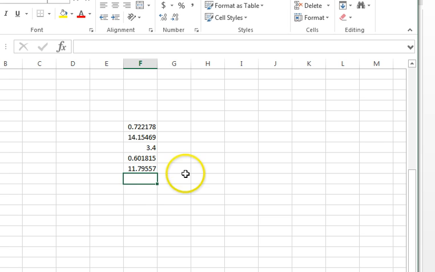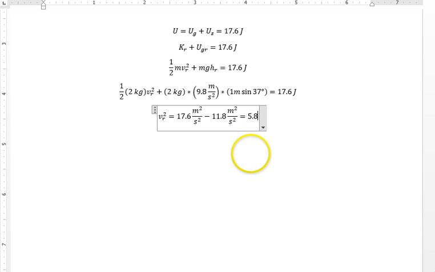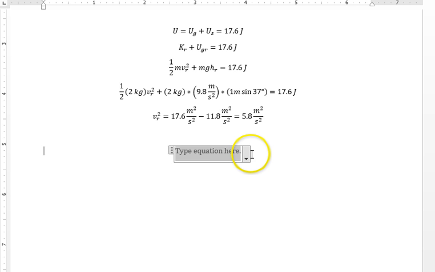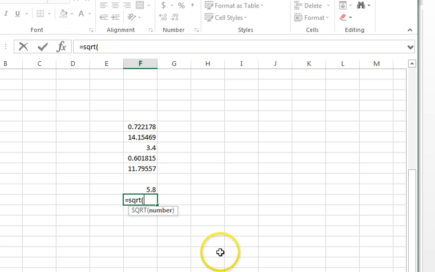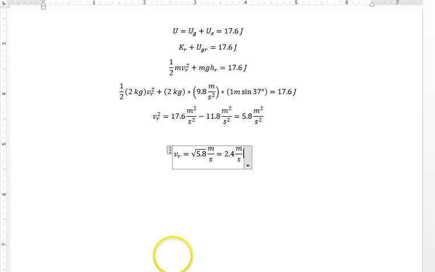So we're looking at 17.6 minus 11.8, 5.8 meters squared per second squared, and we just take the square root. v at the point of release is the square root of 5.8, which is 2.4 meters per second.